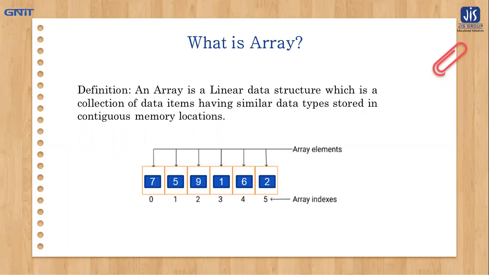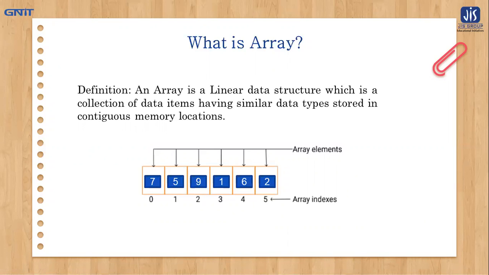Array is a collection of similar data type elements stored in contiguous memory locations. So array can store homogeneous data. It means in one array we can't store one integer, one float, one character kind of element.